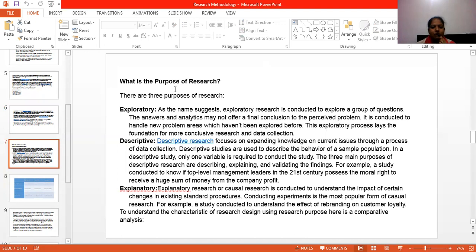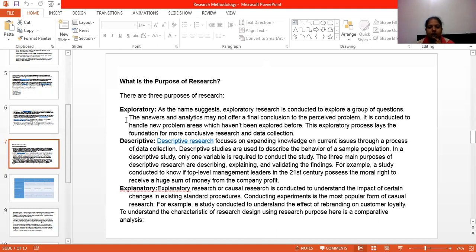The next topic is what is the purpose of research. There are three purposes of research: exploratory, as the name suggests. Exploratory research is conducted to explore a group of questions.